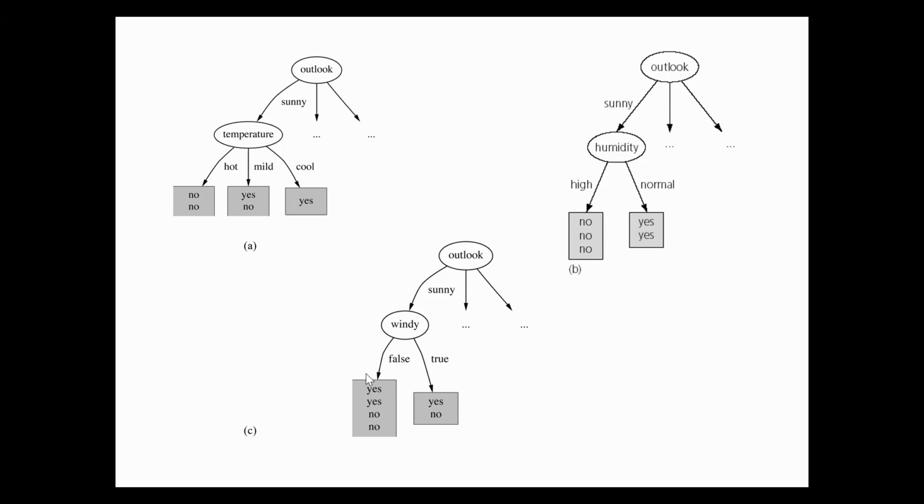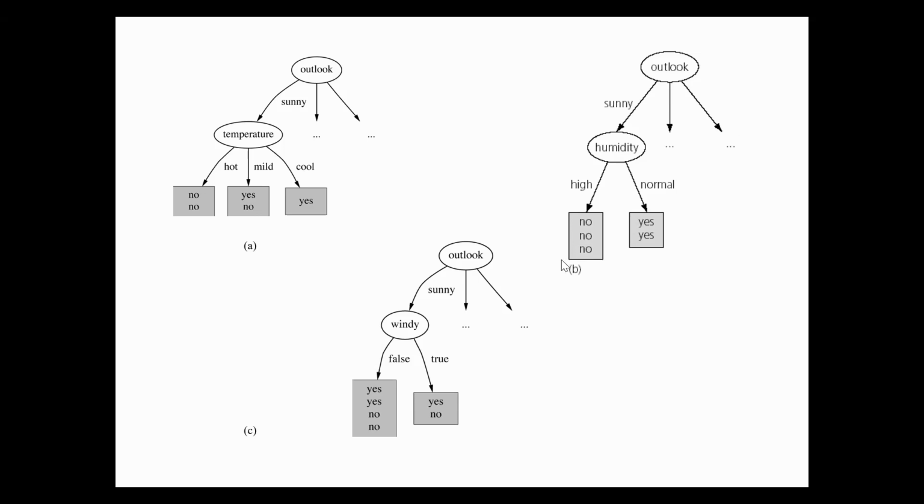Now, going back to the previous one, if you look at the same classification, like in this case, we can say that in this branch, we can have humidity because it's a pure 100% selection for this. So humidity is high or normal. This branch is that. The middle branch is also done because we said everything is yes. The third branch is the one we need to take care of.